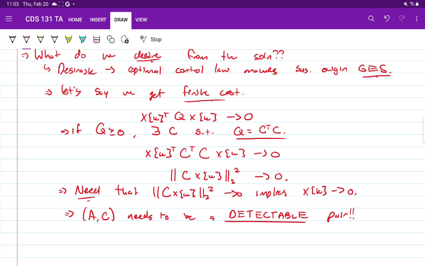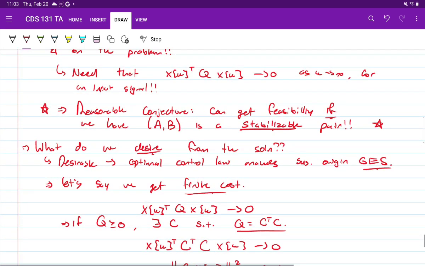And this remaining piece, which we can't detect, is already stable, so it already goes to 0, okay? So our conjecture is that when A, C is a detectable pair, C times x_k going to 0 is sufficient to get x_k going to 0. Because we know that if C x_k goes to 0, then our observable piece should go to 0, and then our unobservable piece is already going to 0 because we have stability as a result of detectability, okay?